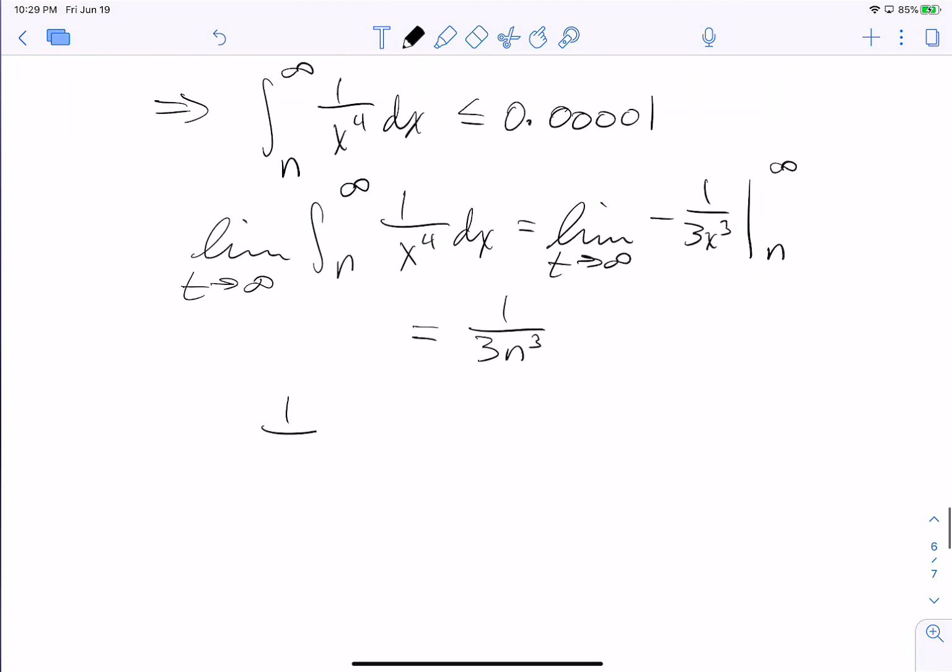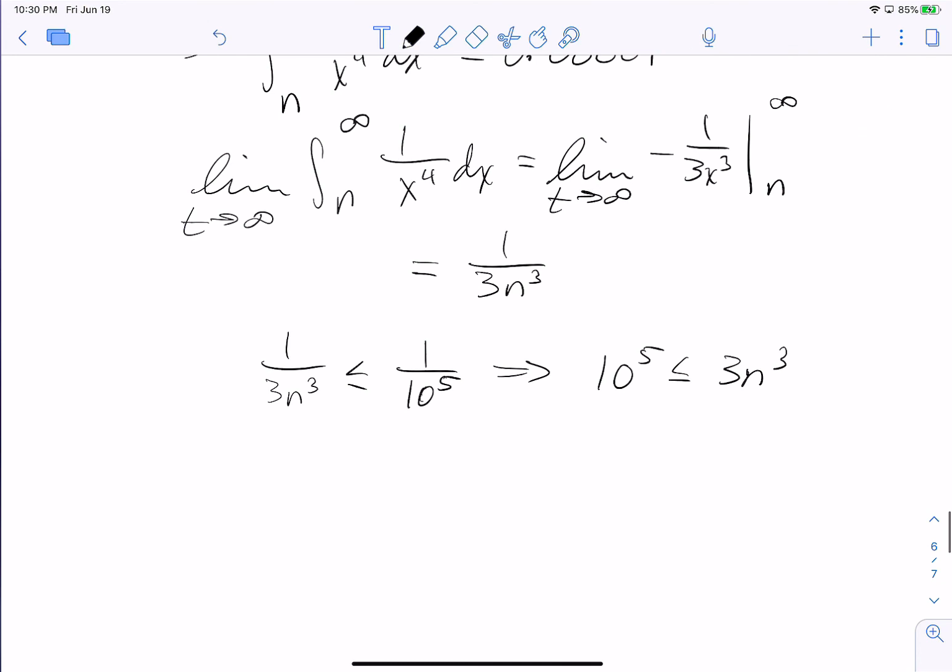Well, we want that 1 over 3n cubed to be less than or equal to 1 over 10 to the fifth, I'll call it, which means that 10 to the fifth should be less than or equal to 3n cubed by finding reciprocals of both sides. And then isolating n cubed, we get n cubed is greater than or equal to 10 to the fifth over 3.